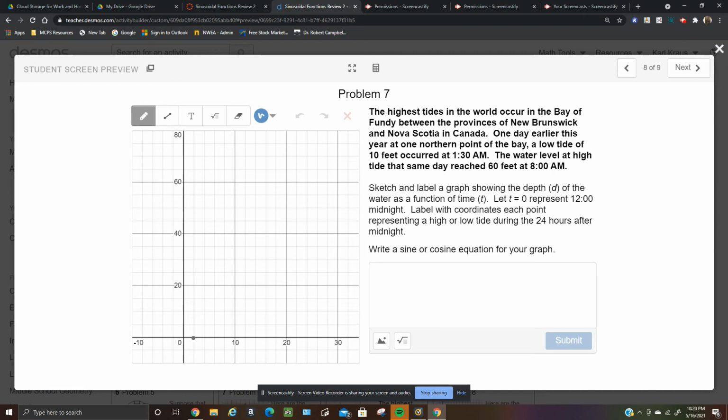So at 1:30, 10 feet. And then at 8, we make 60 feet.